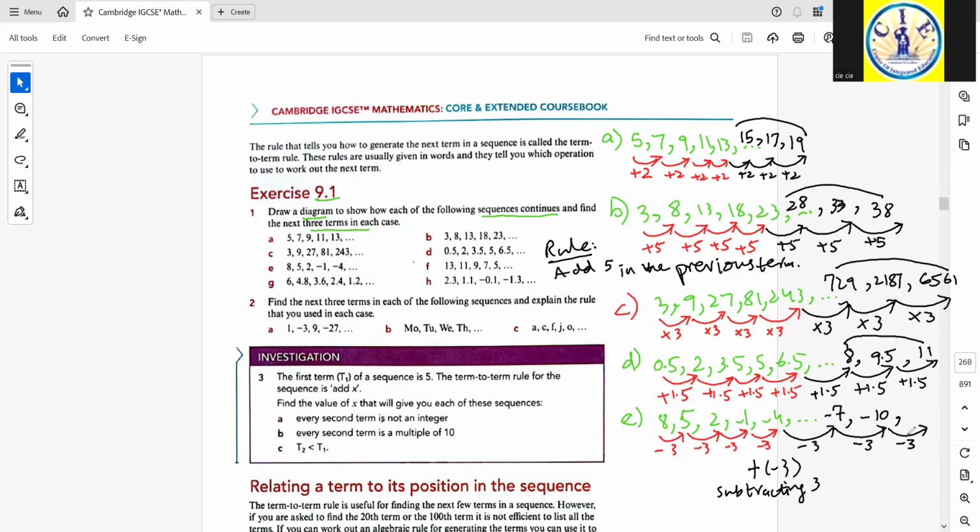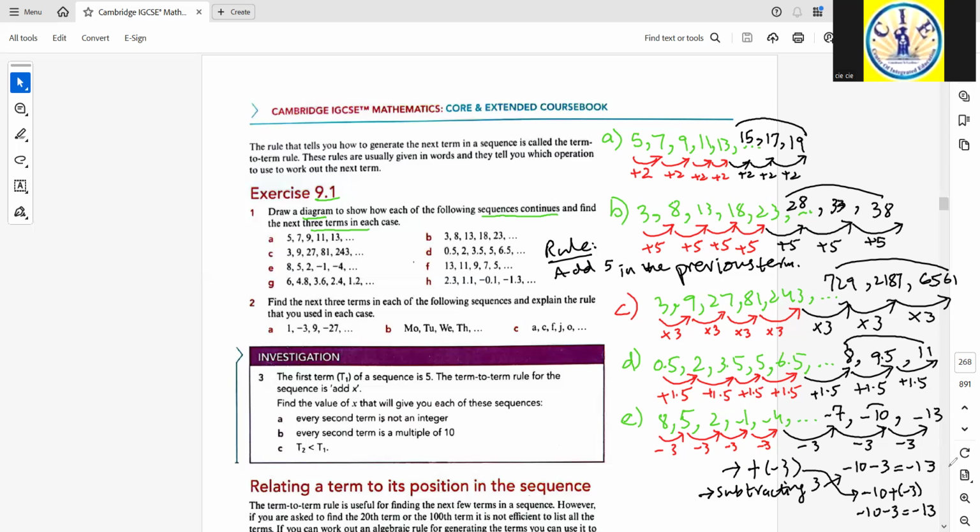So after -10, either you add -3 to get -13, or you subtract 3 from -10, so -10 plus -3 is -10 minus 3, which is -13.